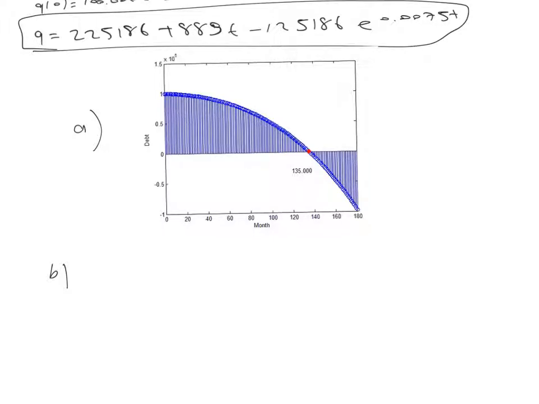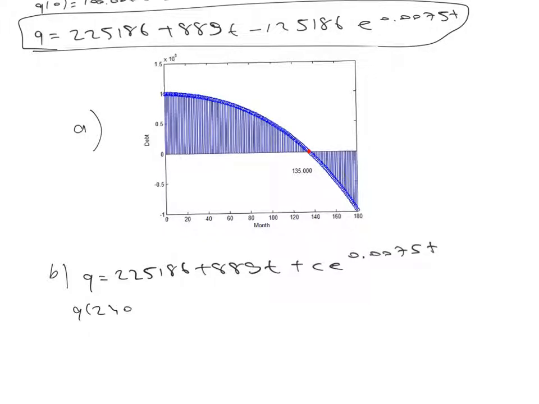Let's write down the equation for Q. After 20 years, which is 240 months, the loan will be 0.